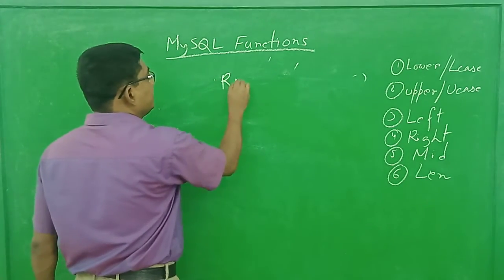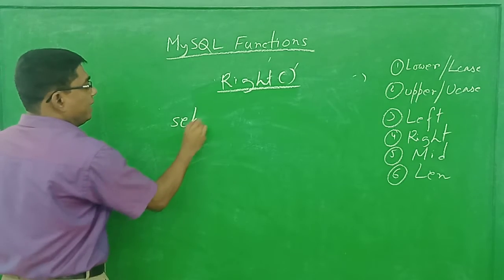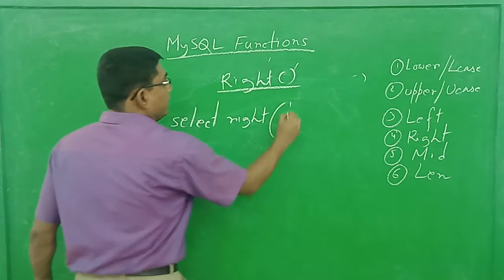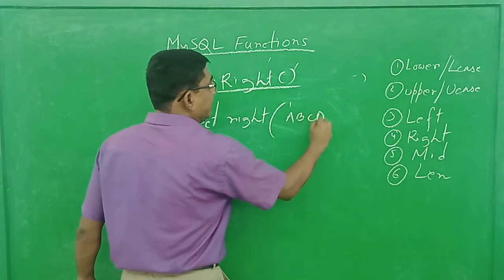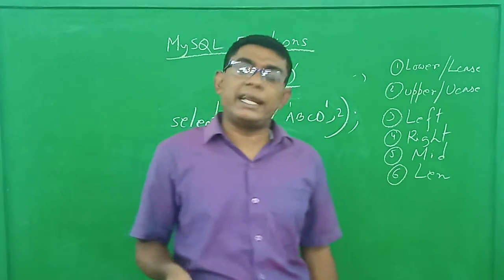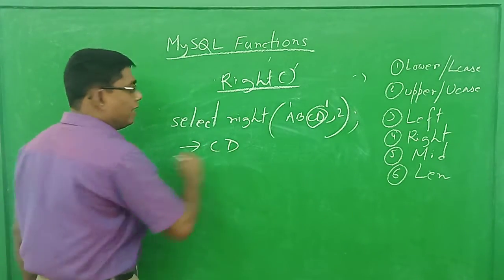Suppose you write SELECT RIGHT 'ABCD', 2, meaning from the right hand side it will extract 2 characters. So the answer is CD.